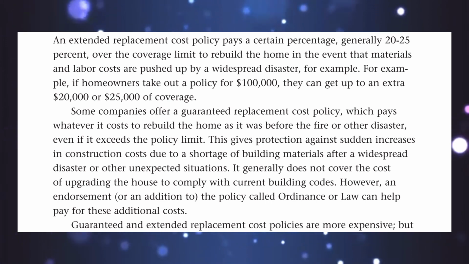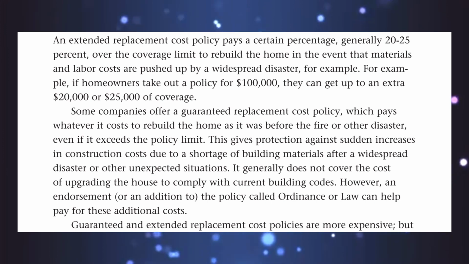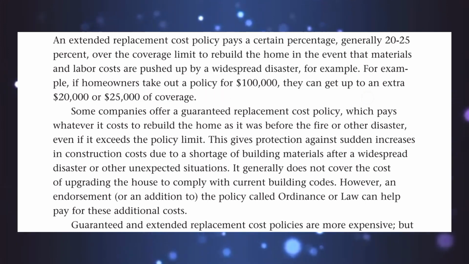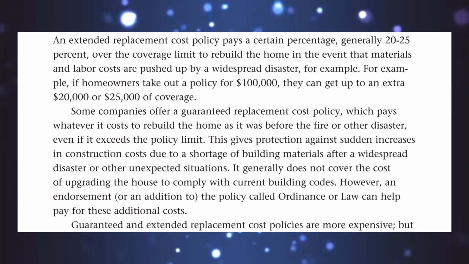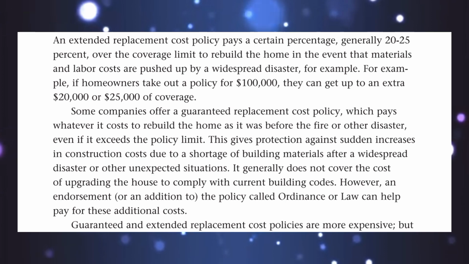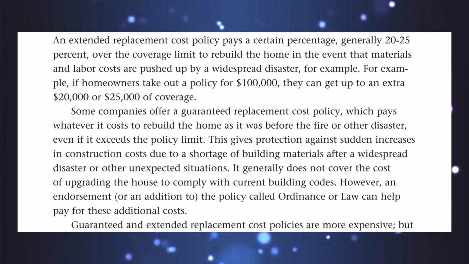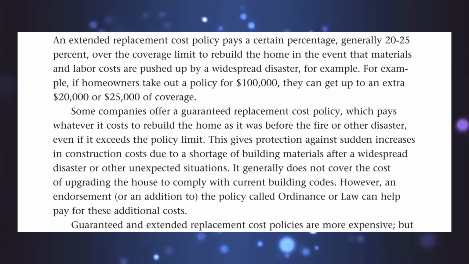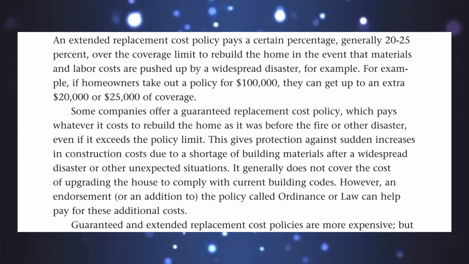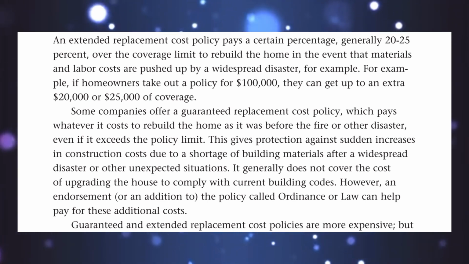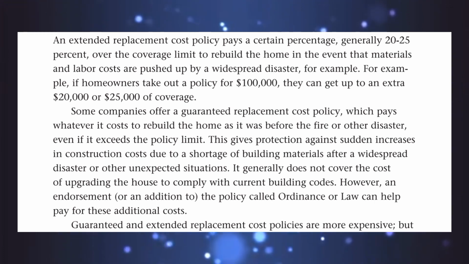Some companies offer a guaranteed replacement cost policy which pays whatever it costs to rebuild the home as it was before the fire or other disaster, even if it exceeds the policy limit. This gives protection against sudden increases in construction costs due to shortage of building materials after a widespread disaster or other unexpected situations.